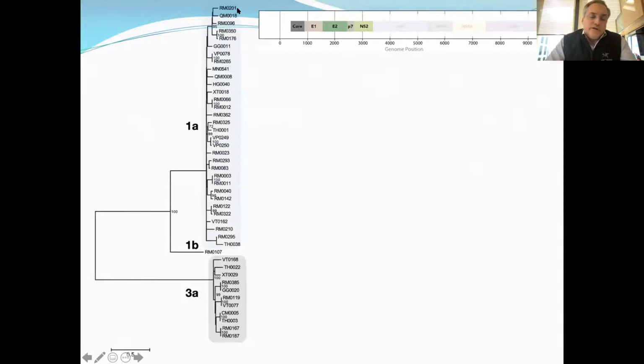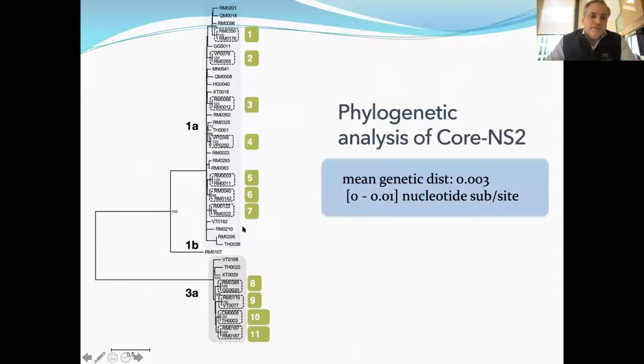If we take a look at the viral sequence data, we could generate sequence data from the core to NS2 region, a slightly larger region than I talked about earlier. We generated sequence data from a number of these individuals and could, based on phylogeny, understand exactly which sequences were related.